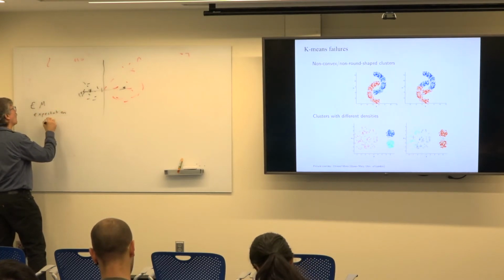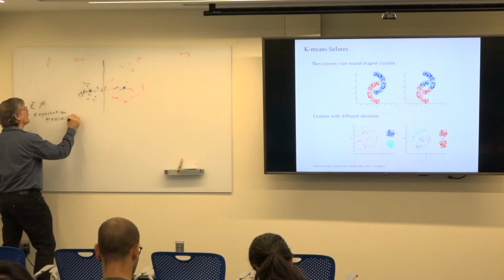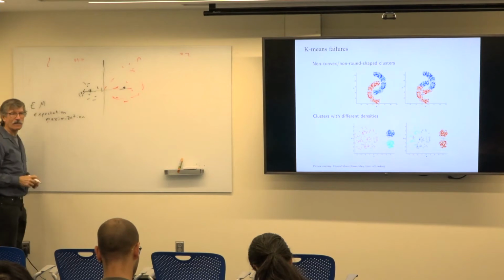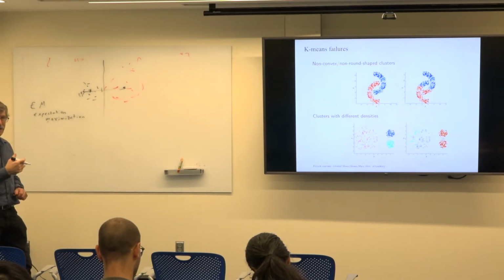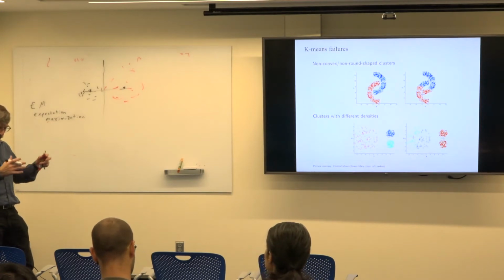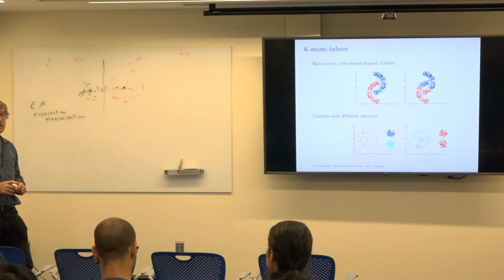And we're not going to go over the full what is EM here. It's kind of beyond the level of what we're trying to achieve in this class. But as we'll see as to how soft k-means works, the generalization to EM is not far, because it's an example of an EM method.